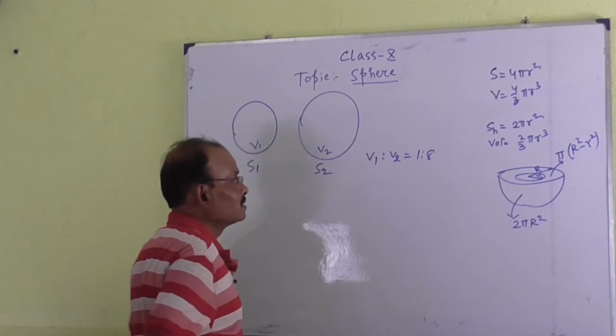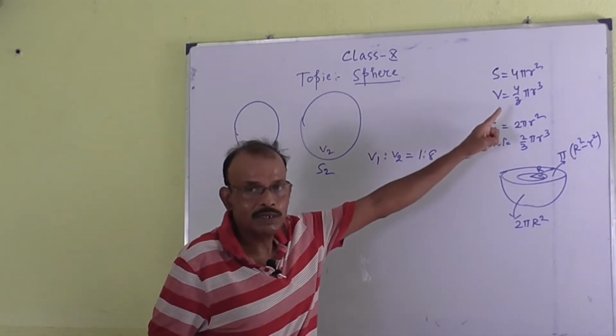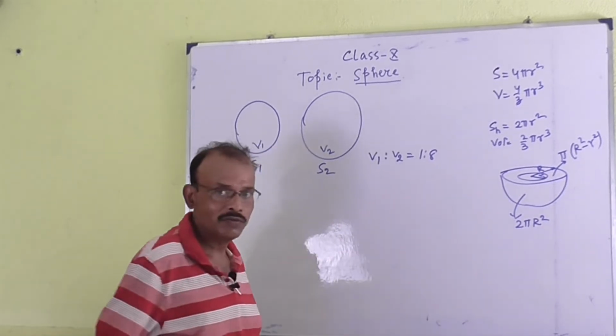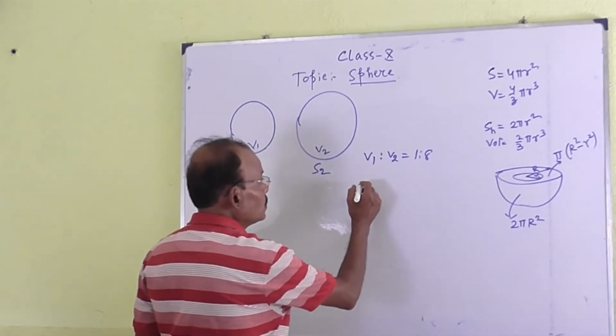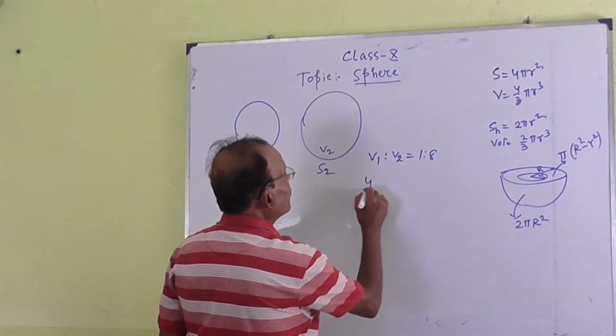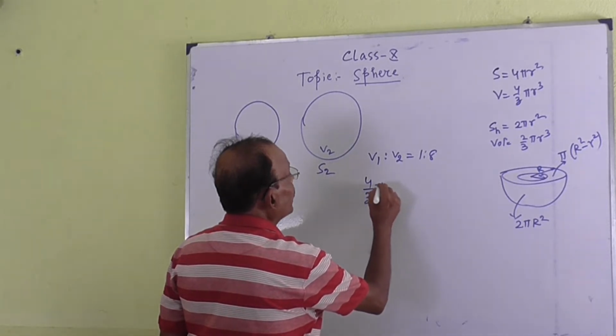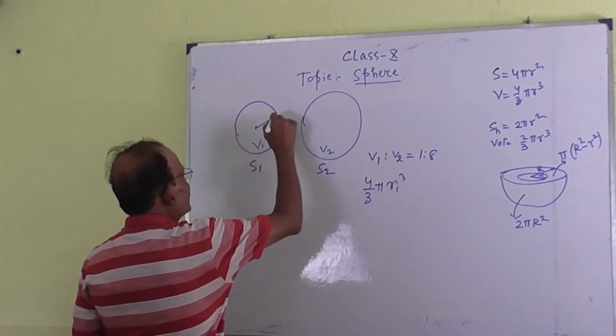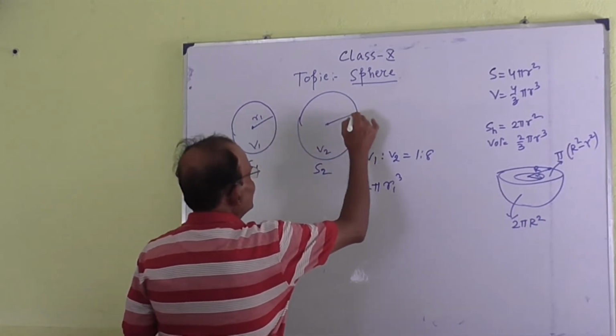Now, we know that the formula of V, that means the volume, is 4 by 3 pi r cube. With the help of the formula, we write 4 by 3 pi r1 cube. Let it be r1 and the other radius be r2.